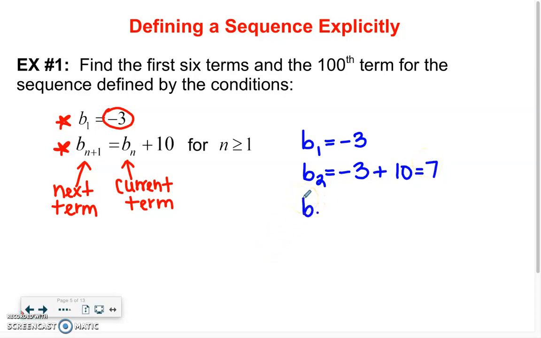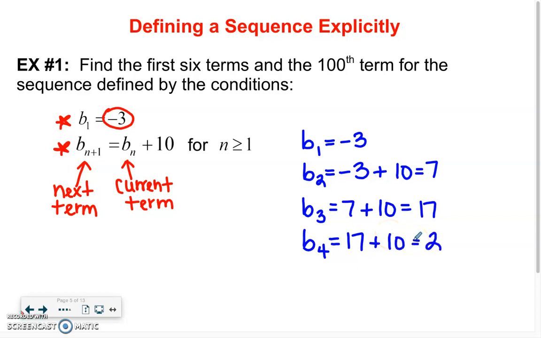To find the third term, I would take the current term that I know, which is now 7, and add 10, which gives me 17. One more time. To find the fourth term, I would take the current term, 17, and add 10, and that would give me 27.